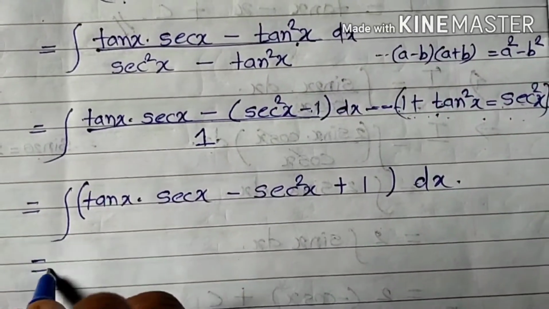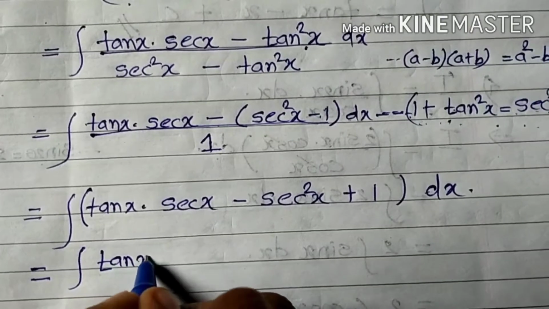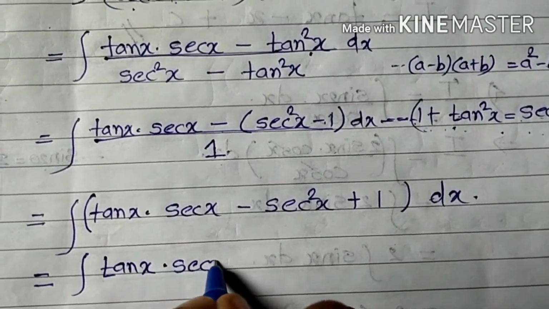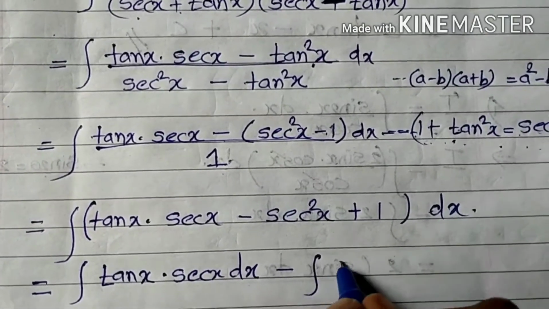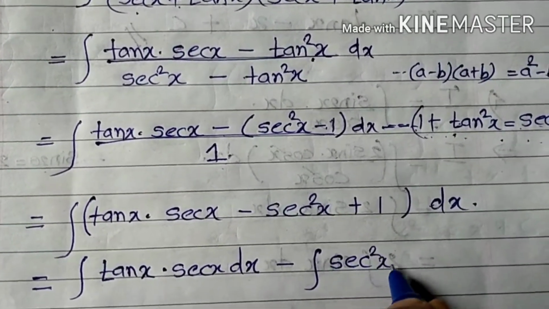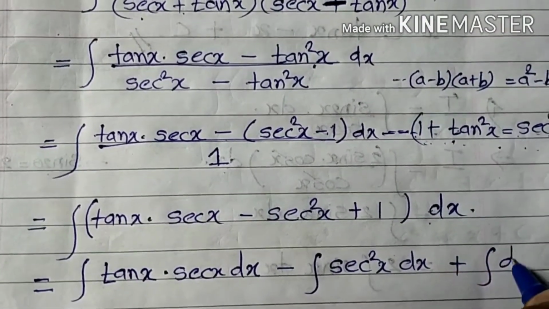Now separate the integration, so it will become integration of tan x into sec x dx minus integration of sec square x dx plus integration of 1 into dx, which is dx.